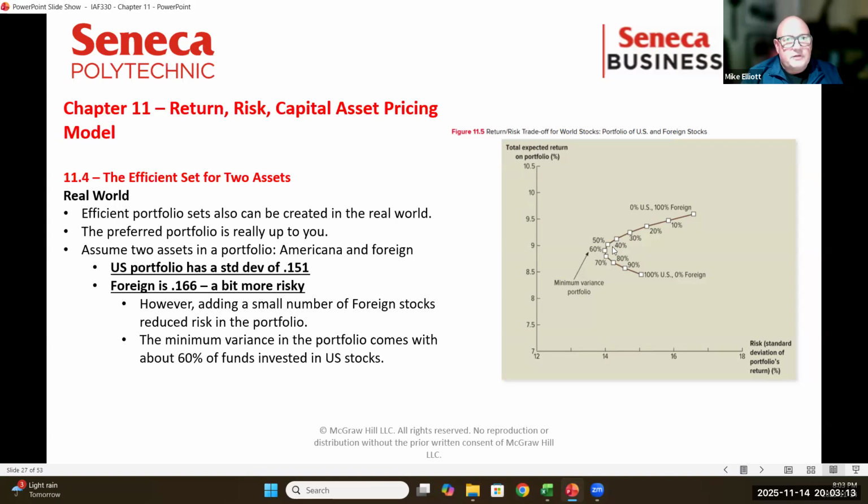The return is somewhere between the two. This is how we explore the efficient frontier when we're creating portfolios. We have to be on this line somewhere. This is the best we're going to do, as long as we have these two stocks or these two types of portfolios.